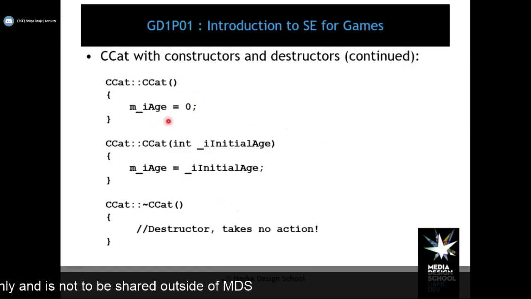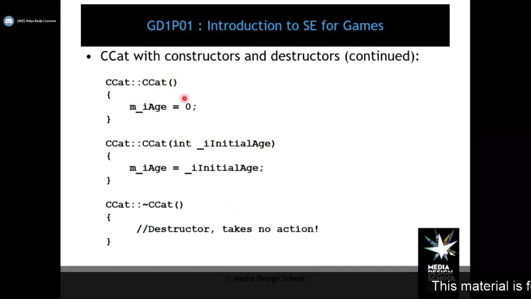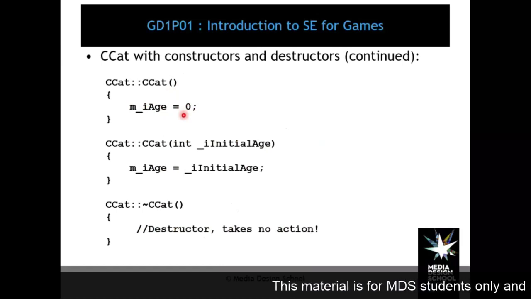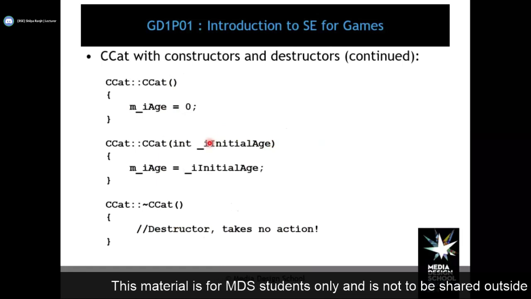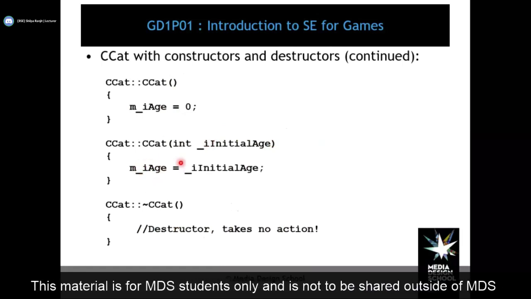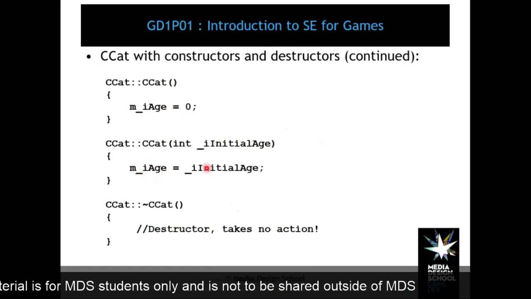In the constructors, for the default constructor, since I'm not passing any value but I want to initialize it with some proper value, I'm just setting the age as 0. In the case of the parameterized constructor, I'm passing some age value, so I'm initializing the data member itsAge with the passed initial age.